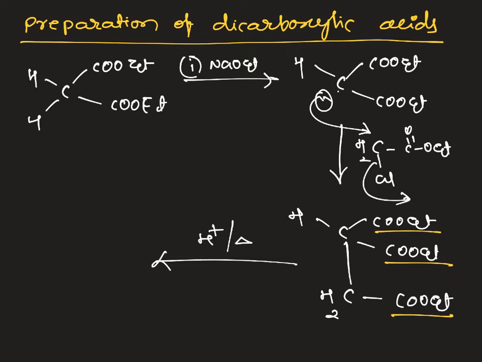After forming the carboxylic acid, one of the carboxylic acids undergoes decarboxylation and is eliminated as CO2, and forms dicarboxylic acid.